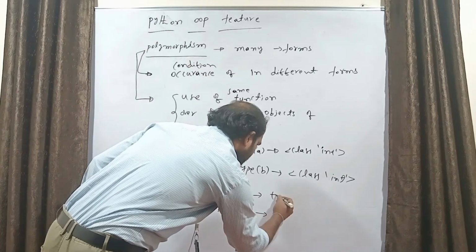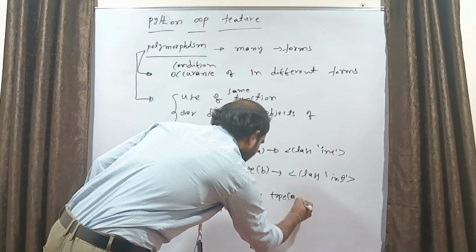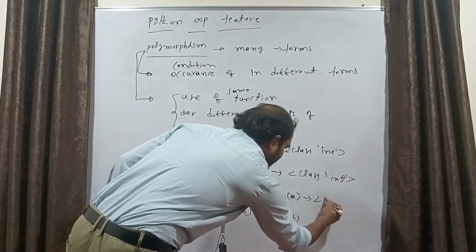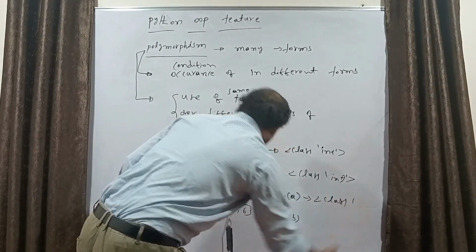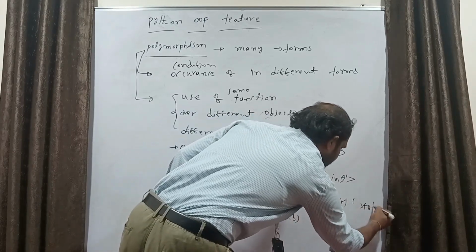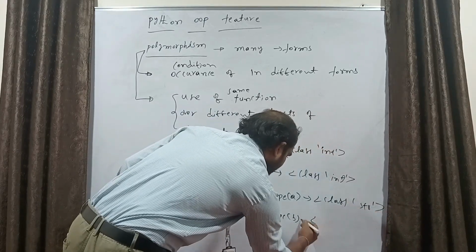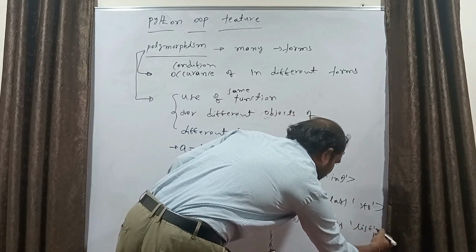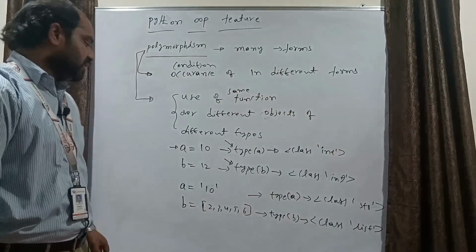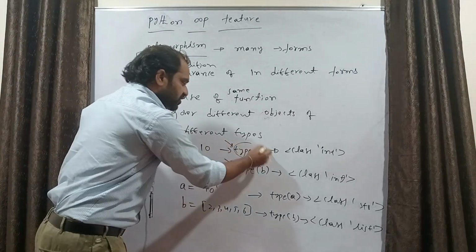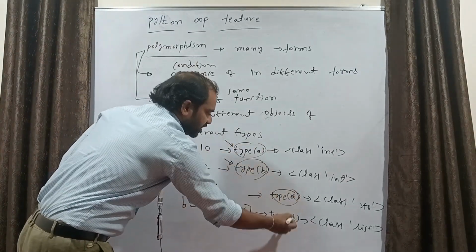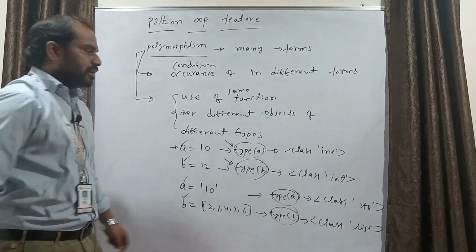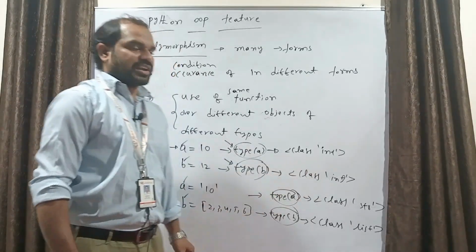The same function I am using, but you will get different results. Here you will get str because that is a string, and in this case you will get list because that is a list data type. You see, the same function gives different results depending on objects of different classes.